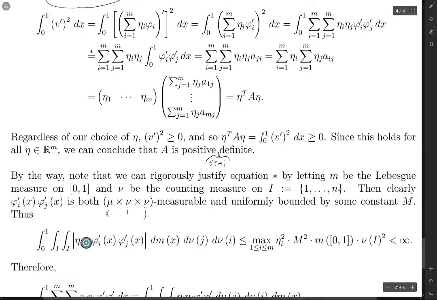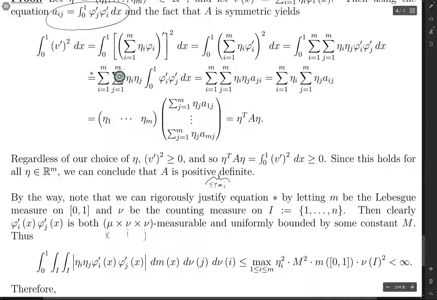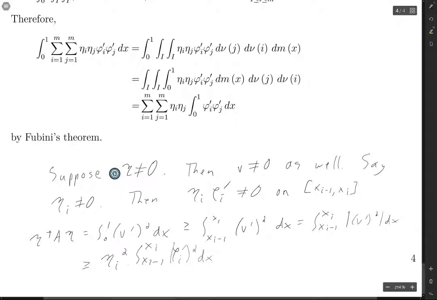We're going from v_i prime, taking the absolute value of this thing, and throwing out a whole bunch of stuff that we don't need. That should work, because decreasing the region that you're integrating over will decrease the value of this integral, and throwing out some of these terms will decrease it as well. We take the absolute value of all these terms, throw out a whole bunch of them, and keep just the particular ij that we needed. So this works perfectly well.